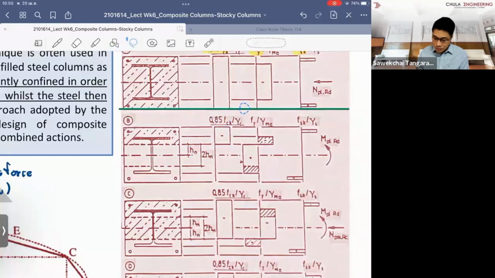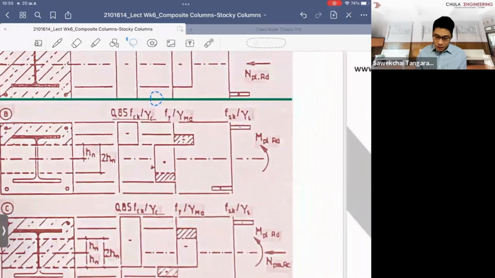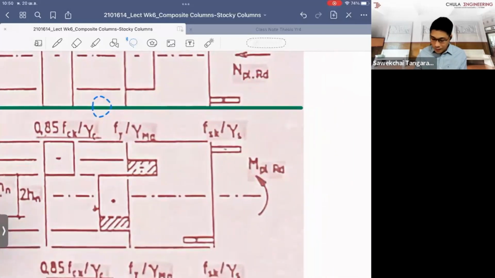But to simplify, we say that it's at the bottom, and we say that the curvature has been developed so much, right? So that allows the stress to develop the full capacity, which is the full yield stress or the ultimate strength capacity in each of the materials. So we say that the neutral axis here is at the bottom.